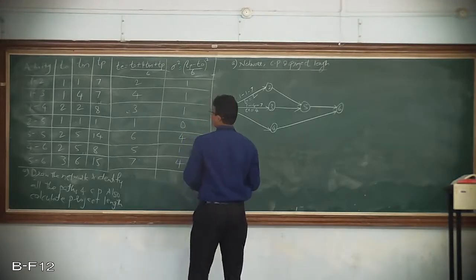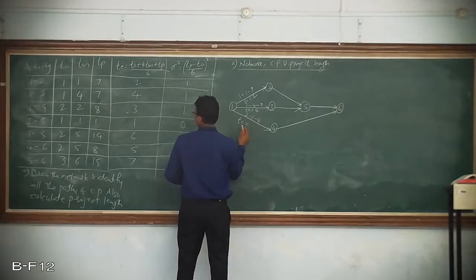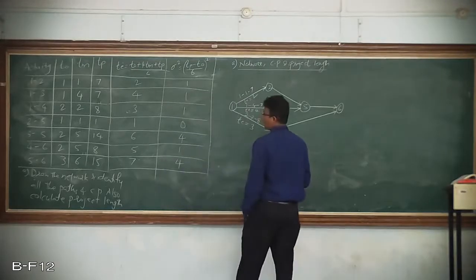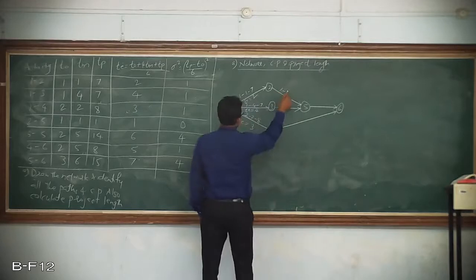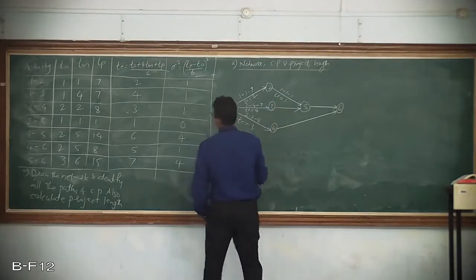Then 1 to 4, that is 2, 2, 8, and t is equals to 3. Then 2 to 5, 1, t is equals to 1.